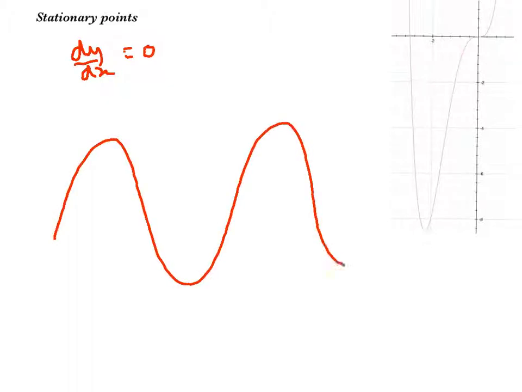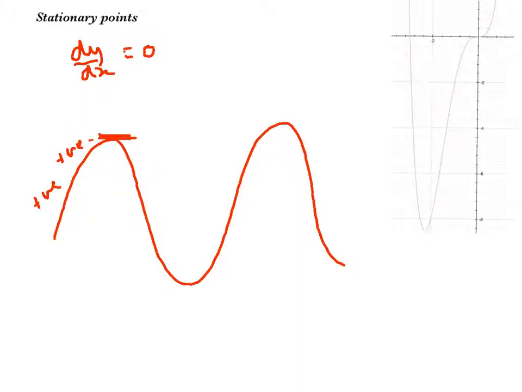Okay, so now we're going to look at something called stationary points, which occur on the curve when dy over dx equals 0. So essentially, when our gradient is 0. If I was to draw something like this, you can see if I'm starting from here that my gradient is positive, it keeps going positive, and then suddenly there's a flat.